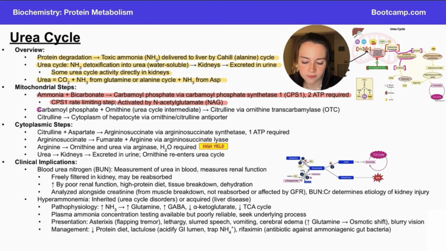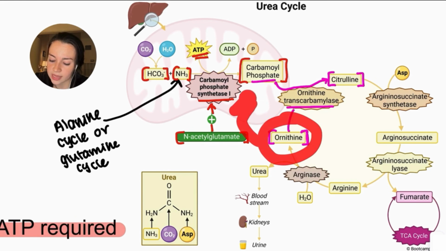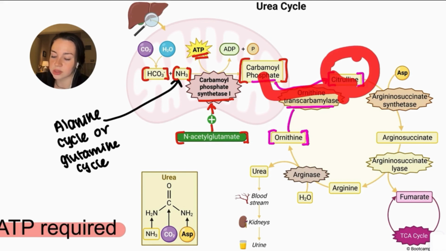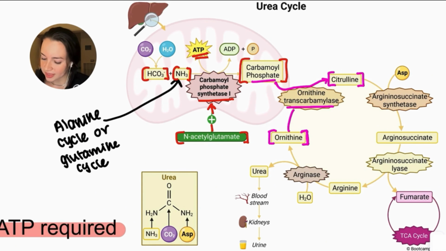Once we had our carbamoyl phosphate, we were going to combine it with ornithine, which was an intermediate of the urea cycle, and turn it into citrulline. And the enzyme that did that was ornithine transcarbamylase, or OTC. That citrulline would then go to the cytoplasm of the hepatocyte via an ornithine citrulline antiporter. So it'll take an ornithine from the cytoplasm and bring it into the mitochondria in exchange for bringing the citrulline out.